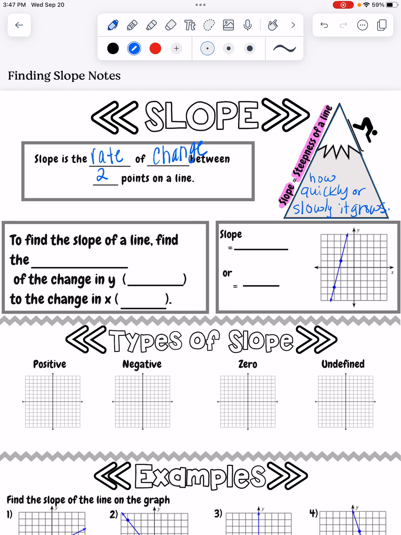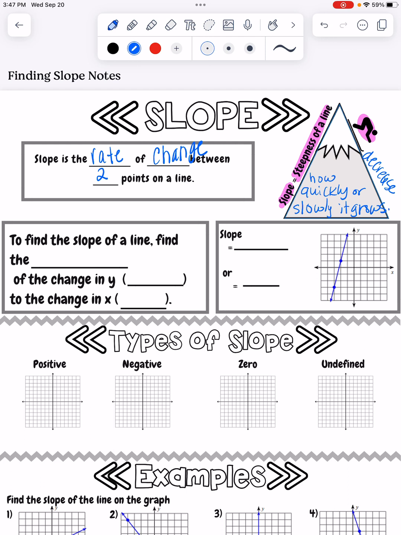If you look here on the other side of this hill, we have a skier who is going downhill, and slope can also show a decrease. So slope can increase and slope can decrease, just like the steepness can increase and decrease. Very good.